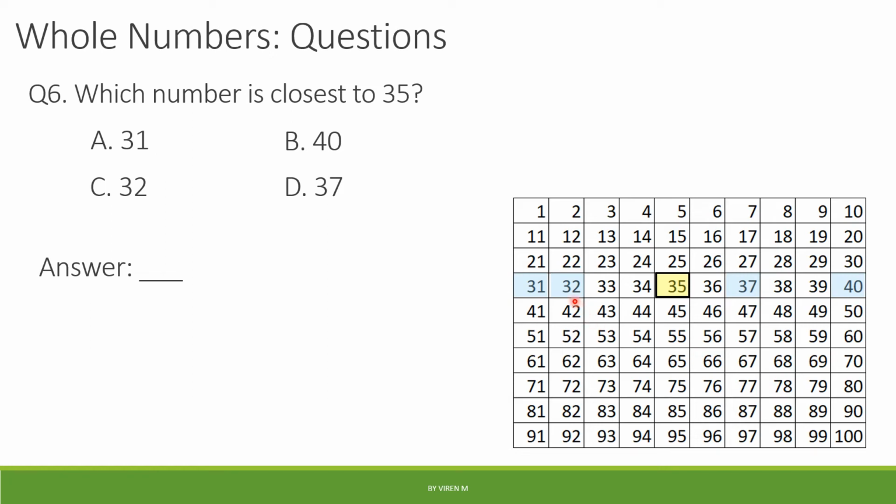Now we are left with 32 and 37. To get 35 from 32, we have two numbers in between, whereas between 35 and 37 only one number. So 32 is also not an option. So the answer is 37, which is option D.